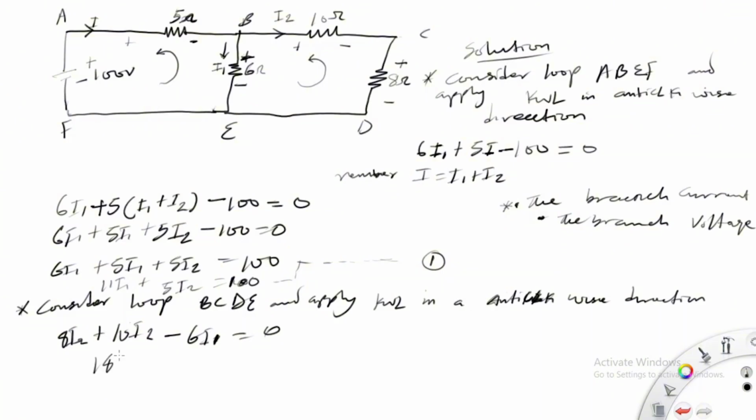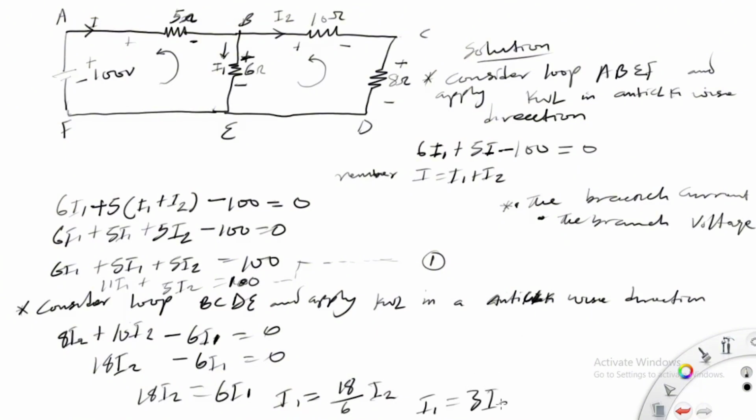So here we have 18I2 minus 6I1 is equal to 0. So I have 18I2 is equal to 6I1. So I1 now is equal to 18 over 6 I2. So I1 is equal to 3I2. This is our equation 2.